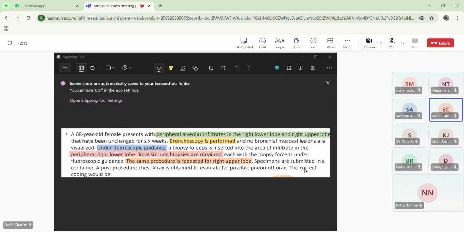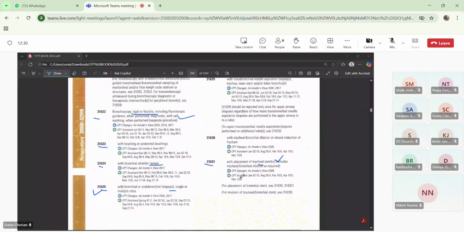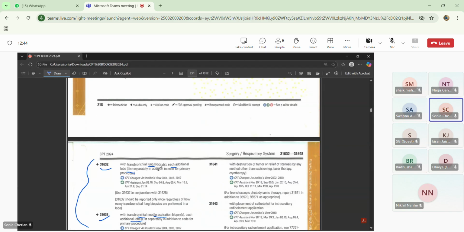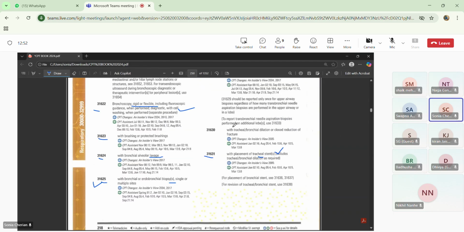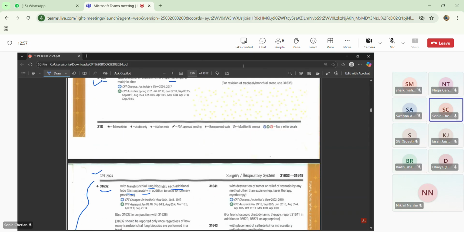So our CPT will be 31628 and 31632. 31628 is for the single lobe, the right lower lobe, and the add-on code is for the additional lobe, that is the right upper lobe. This is how you have to code for bronchoscopies. Again, fluoroscopy is inclusive to the CPT. You don't have to code it separately.